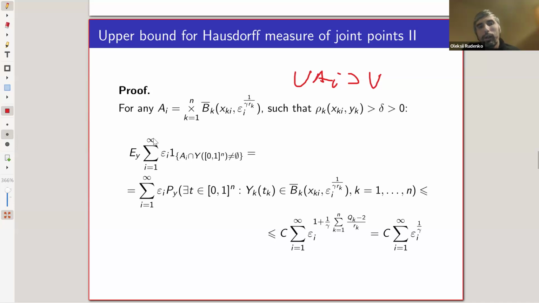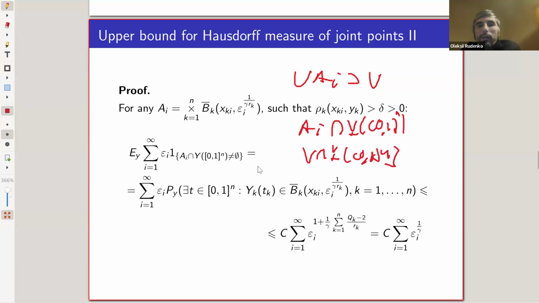What does this mean? We are counting not all of these AI, but those AI that intersect with the trajectories. This condition means we select only those sets from the cover that actually cover also V intersect Y 0, 1 over n. So given the covering of the set V, we obtain the covering of the set V intersect trajectories.